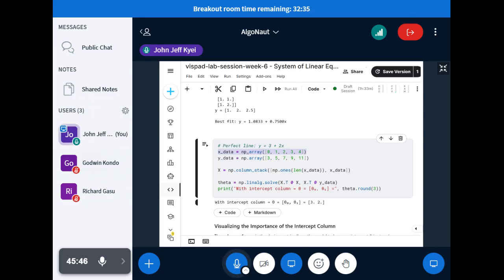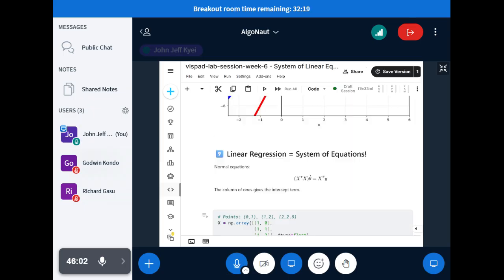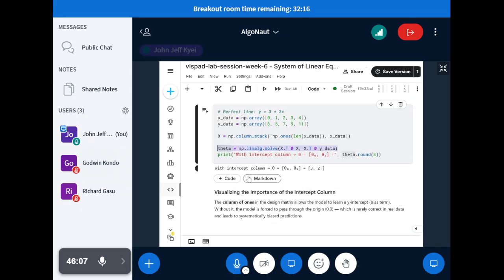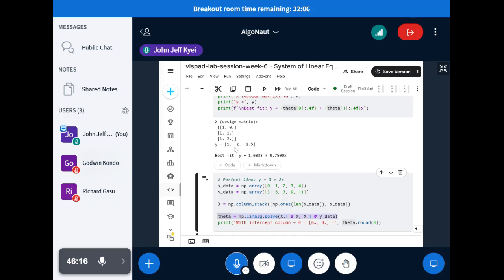This time we are doing it in code, so that as we continue to add our values, we don't have to come and add ones as we go. It's going to automatically do it for us, and do the same computation with the same equation and get the intercept. As you can see, the intercept is 3 and 2, which is more exact compared to the values we had in the first one.